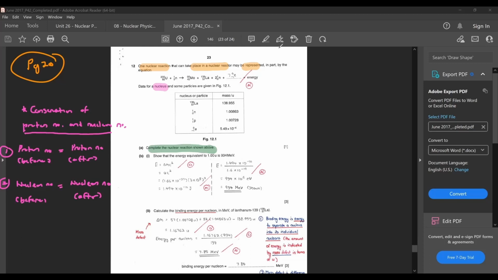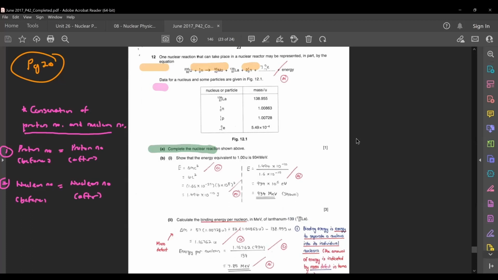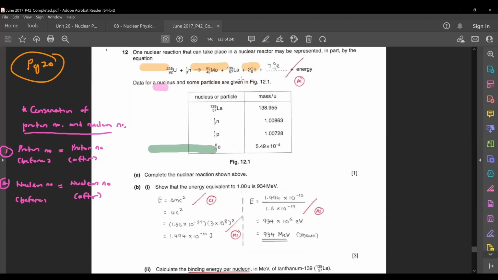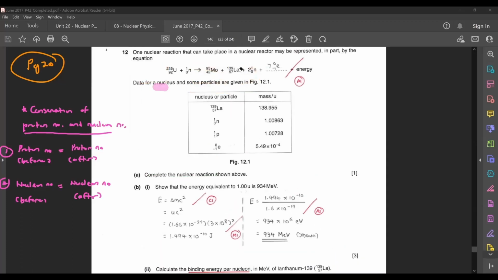So in your case, let's just zoom in a little to this equation. Here you try to apply the conservation of your proton number and nucleon number. Look at your proton number. This one is just going to be 92. So when you look at after the reaction, it should also be 92.